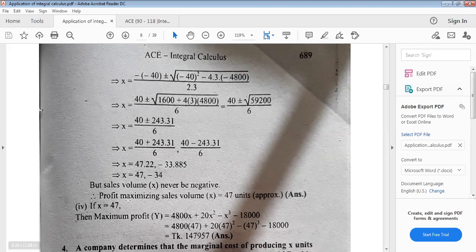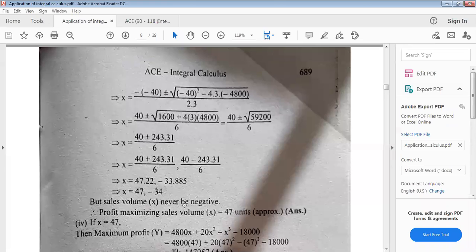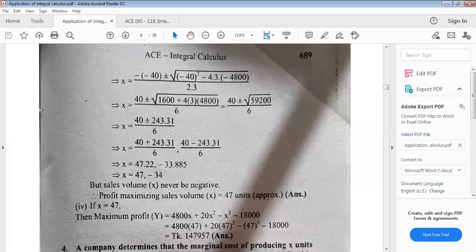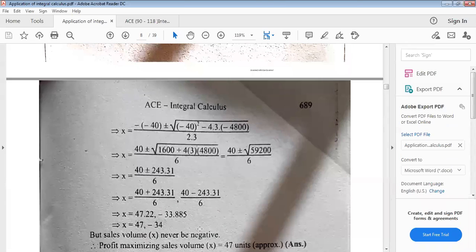And if x equals 47, the maximum profit is found by putting x equals 47 in the profit function, and after calculation with a calculator we get 1,47,957 taka. This is the actual maximum profit.